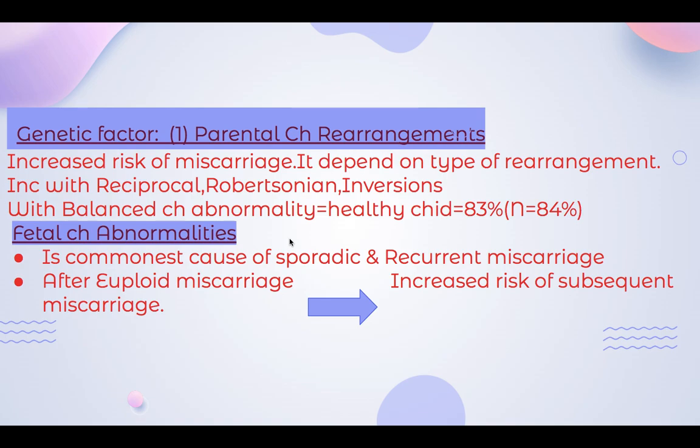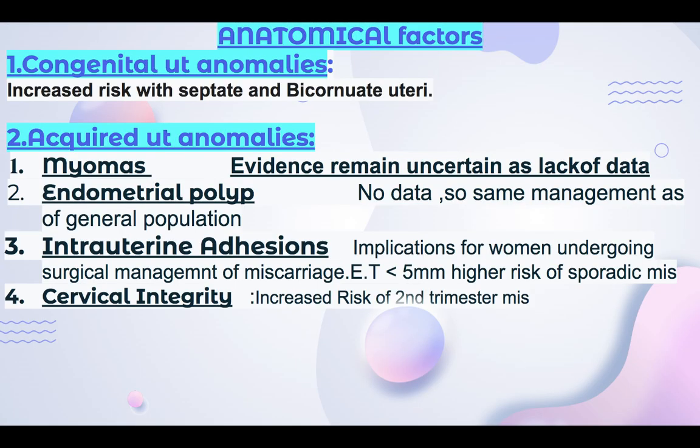There are many other conditions like polyploidy, monosomy, structural anomalies, but remember only trisomy. It increases the risk of recurrent miscarriage by almost 51%. And one more important thing: a euploid pregnancy loss, meaning there was no chromosomal problem in the miscarriage, also increases the risk of subsequent miscarriage, because with every passing miscarriage, the risk of further miscarriage in the subsequent pregnancy increases, right? I hope I could make it clear.